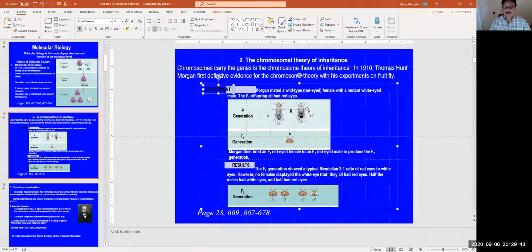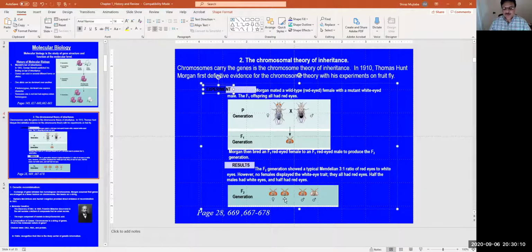in flies. Morgan mated a wild-type red female with a mutant white-eyed male. And he observed a similar pattern to what Mendel observed. Morgan then bred an F1 red-eyed female to an F1 red-eyed male to produce the F2 generation.